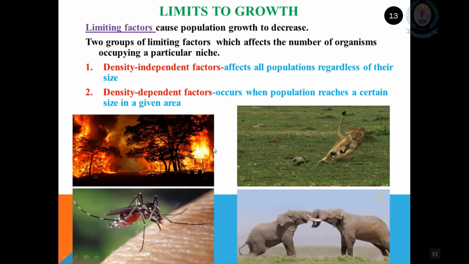Density dependent factors can be competition, predation, parasitism and diseases, and density independent factors can be climate changes, droughts, unusual winters, hurricanes and natural disasters, seasonal cycles, and even human activities.